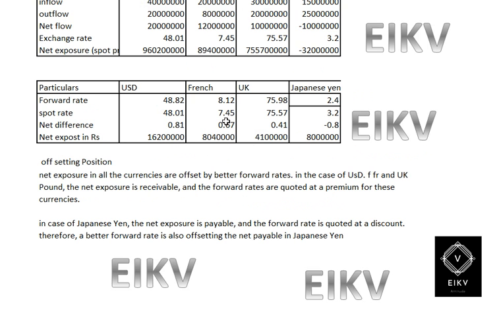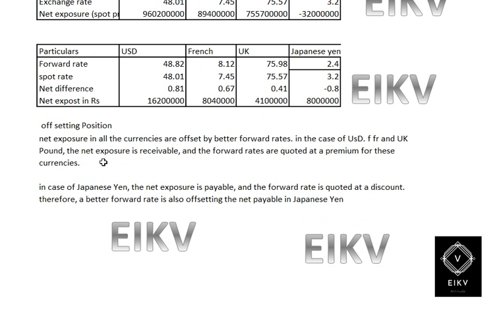So here we can find that the forward rate for these currencies is much higher when compared to the spot rate. But in case of Japanese yen, the net exposure is payable and the forward rate is quoted at a discount. Therefore, a better forward rate is also offered for the net payable of Japan.